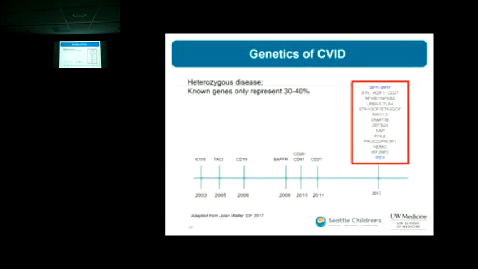And then finally, if you look at how novel technologies have changed the spectrum of CVID, you can see how there have been many different genes that have been looked at. And if you look at 2017, look at the number of genetic defects associated with CVID.